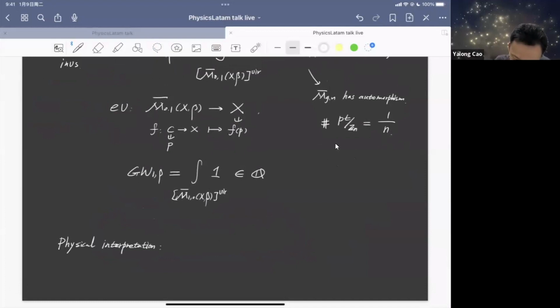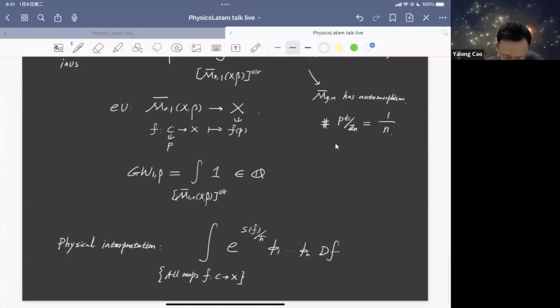You can write it as some infinite dimensional path integral, where you have some action functional, and you have some observables phi_1 to phi_n. You integrate over some measure, and such an integration is over all kinds of maps from your curve to X. These can be non-holomorphic maps, or just smooth maps or continuous maps.